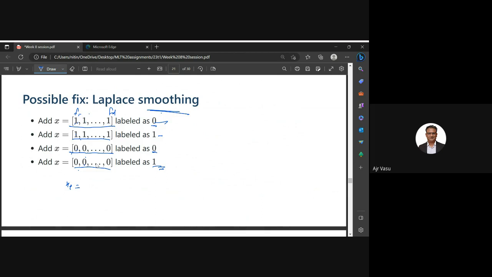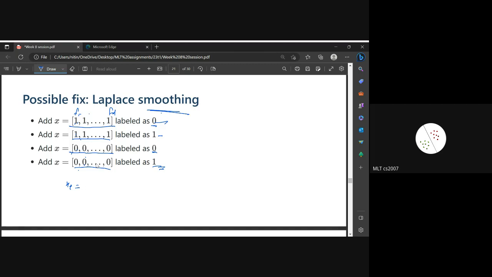So the probability will change depending upon how many data points you initially had in the training data set and how many you are adding. It also depends on the number of classes, because for every class we have to add: 2 for class 0 and 2 for class 1.